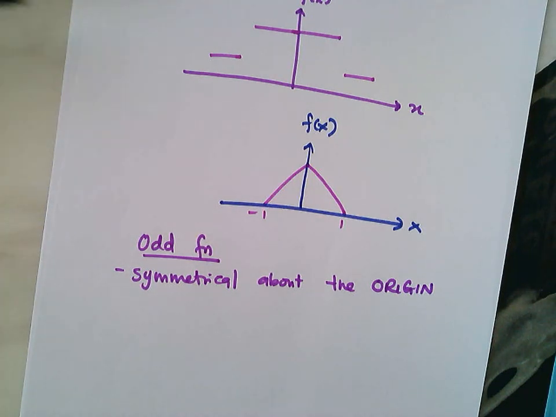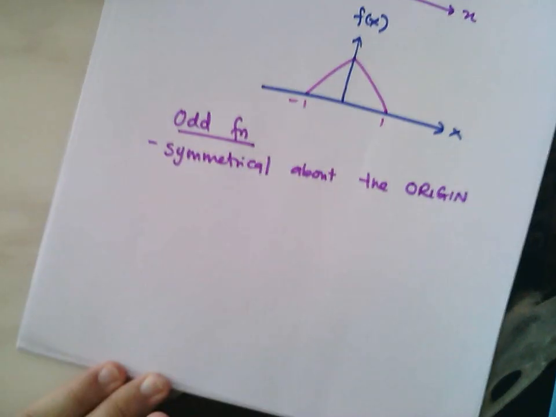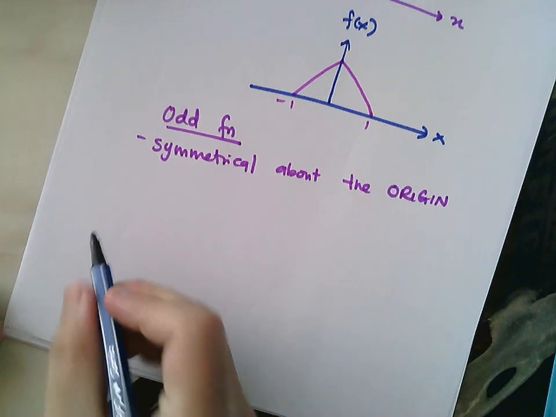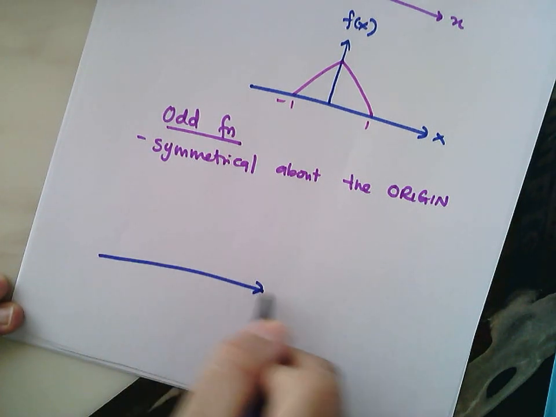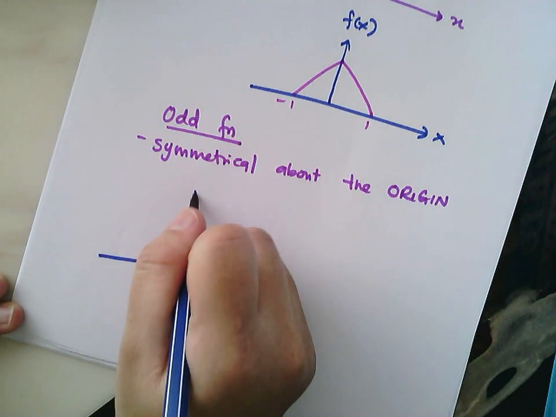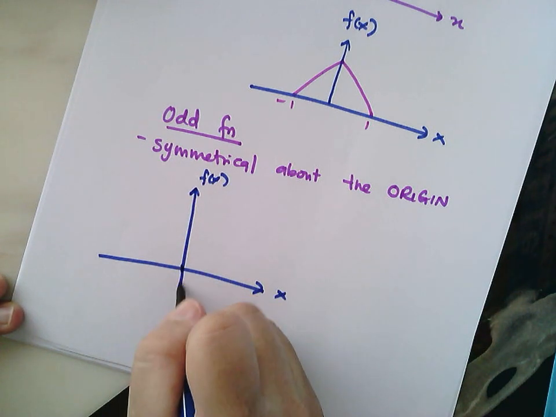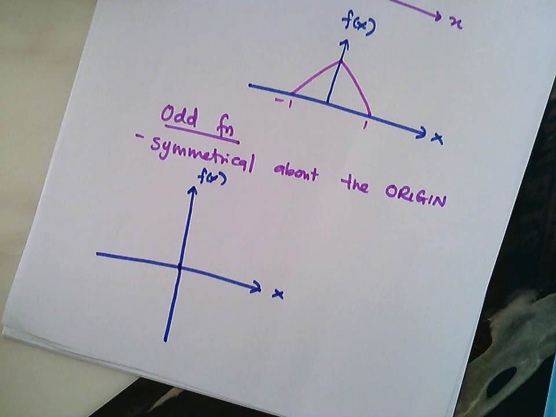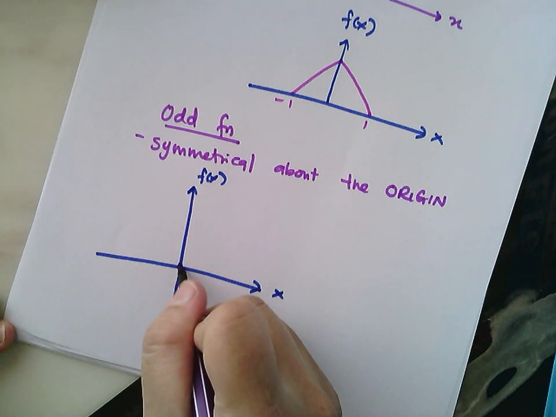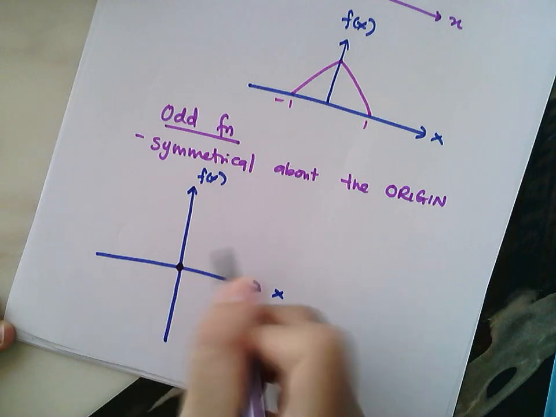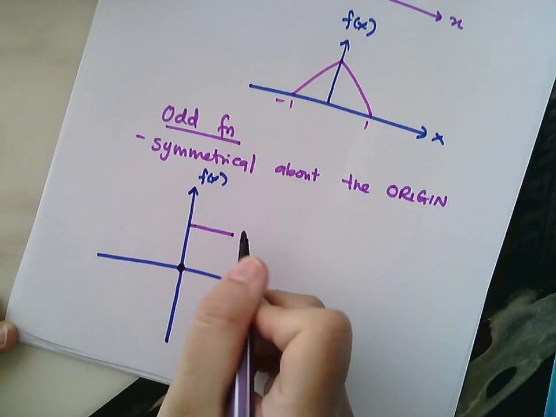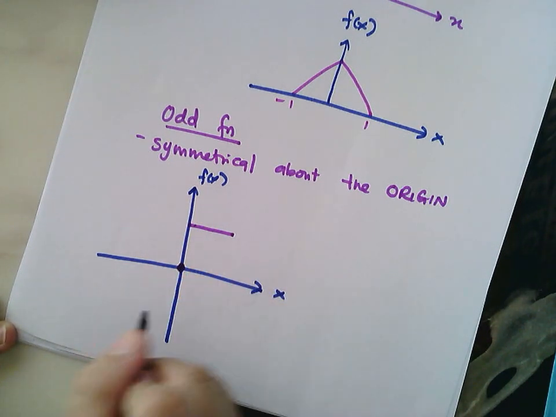So if this is your axis, this is the x-axis, and this is your f(x). Symmetrical about the origin means here, this is your origin. So if you have something here, you will have another one here.